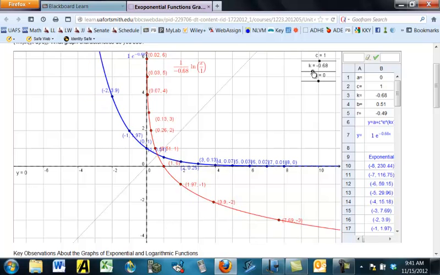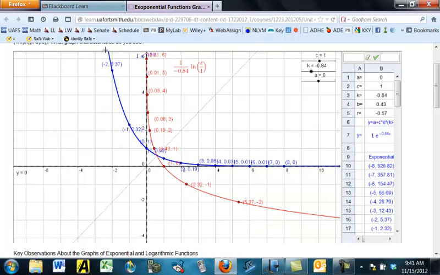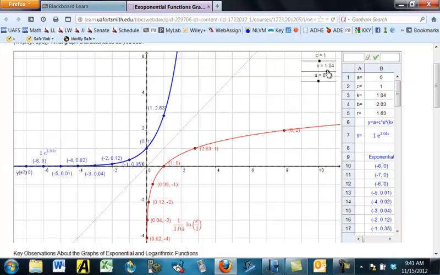When we go to k is negative, notice that we're above the x-axis, above the asymptote for the exponential, and still to the right of the asymptote on the logarithm. But notice on the logarithm, let's look at where the asymptote goes. When the k is bigger than 1, this is above the horizontal asymptote. It's out on the left, whereas we're to the right of the asymptote, but it's pointing down here on the red one on the logarithm.